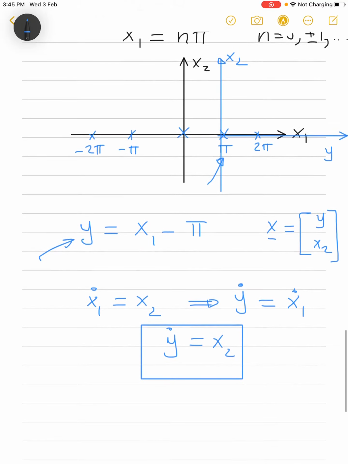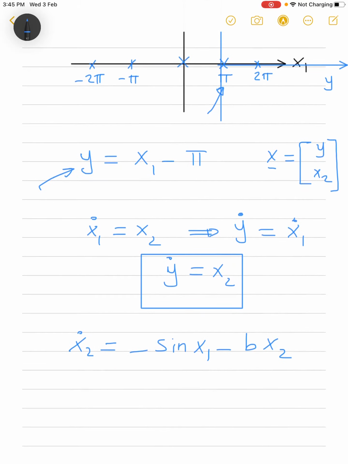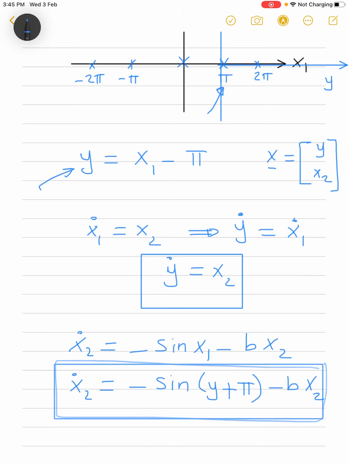The second equation is x2 dot equals minus sine x1 minus b x2. Again, I'm going to substitute for x1, so it will be x2 dot equals sine y plus pi minus b x2. That means this would be my second state variable equation.